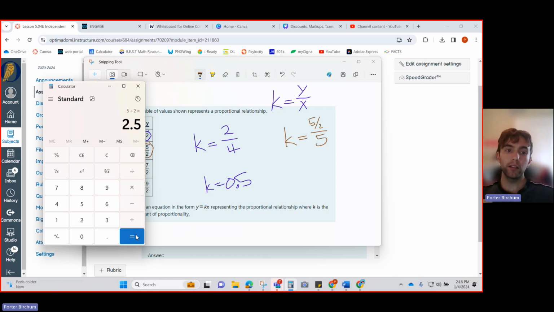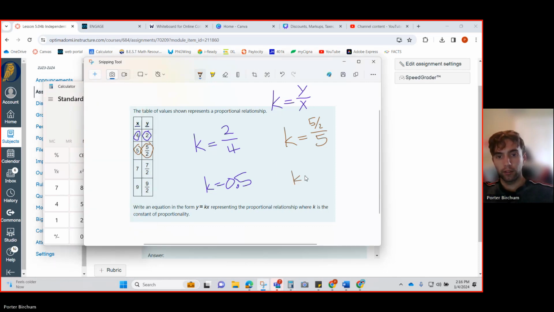If I cut my pizzas into half pizzas and I have 5 of those half pizzas together, I would have 2 whole pizzas and then a half pizza, 2.5. So 2.5 divided by 5, oh, also 0.5. So no matter what pair of numbers, you will constantly get 0.5 as your constant of proportionality.